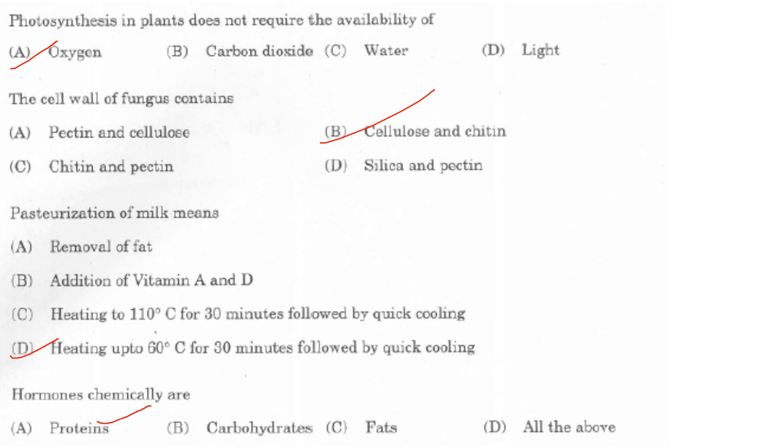The cell wall of fungus contains cellulose and chitin. Answer is option B. Pasteurization of milk means heating up to 60 degrees Celsius for 30 minutes followed by quick cooling. Answer is option D. Hormones are chemically proteins. Answer is option A.